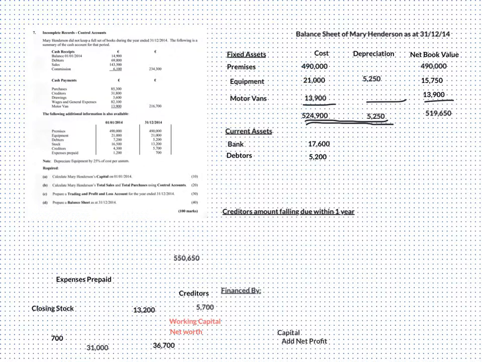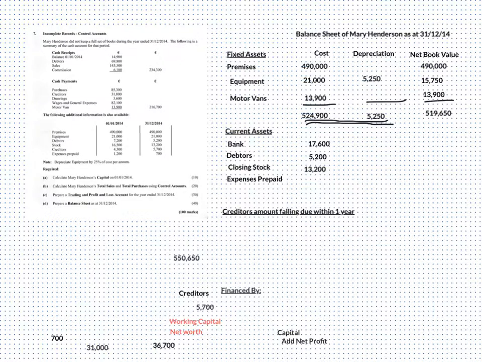So just move the 13,200 across, and then closing stock. And then there's only one other one, which is expenses prepaid. So you'll see this here, expenses prepaid. So what that is, at the end of the year, we've prepaid our expenses for next year. So that's why it's a current asset.